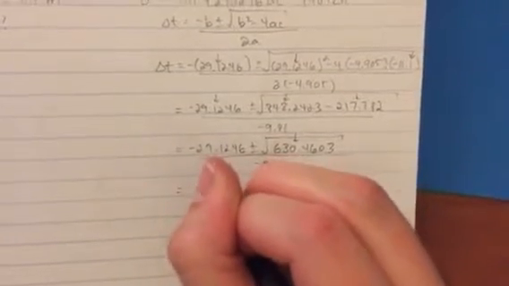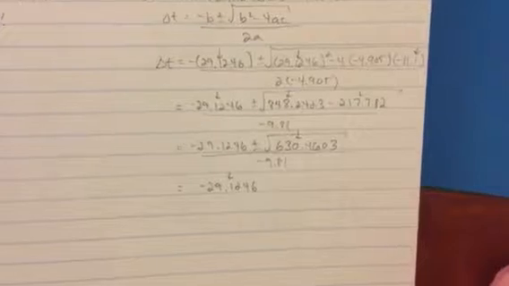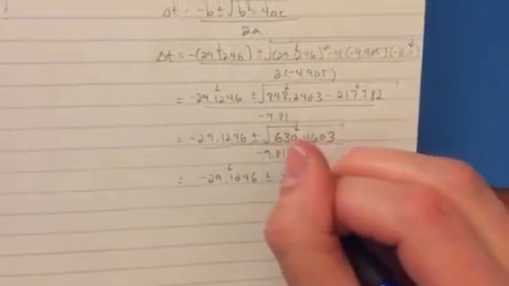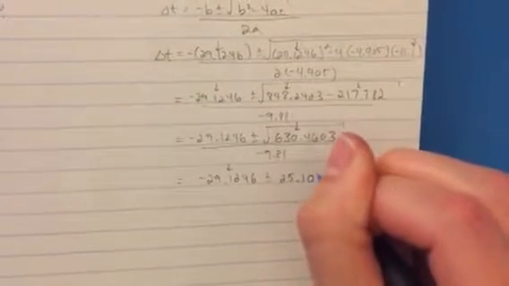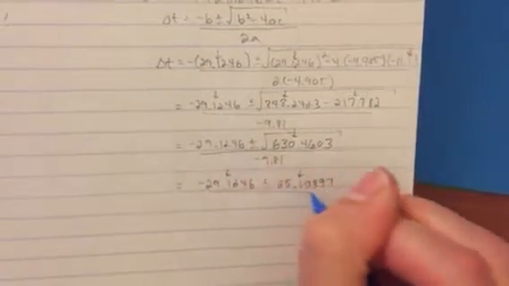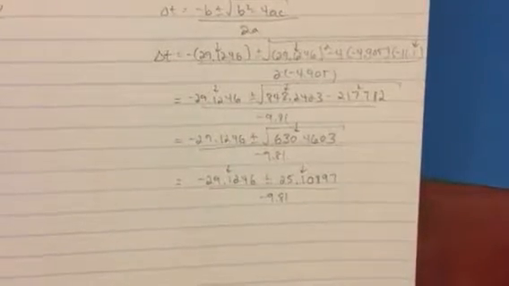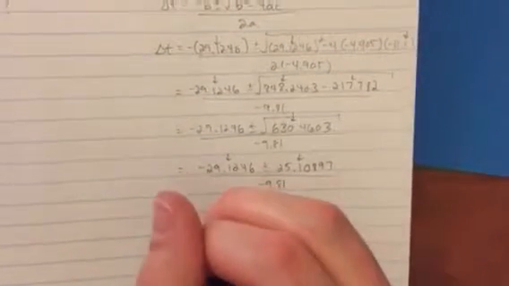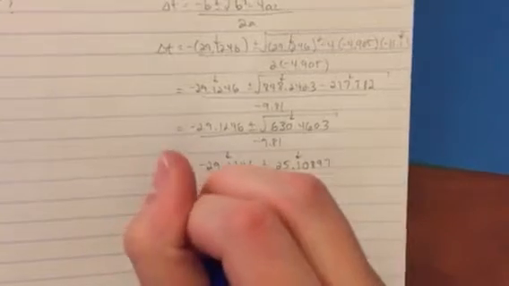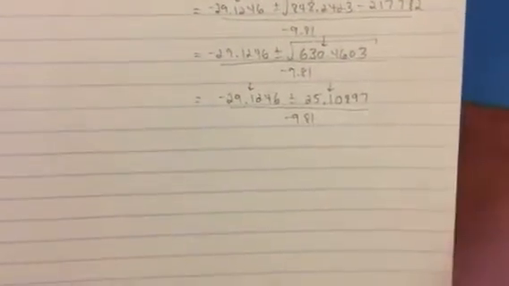So in the end, I've got negative 29.1246 with three significant figures, plus or minus 25.10897 with three significant figures, divided by negative 9.81. In this case, I definitely expect to get two different times that are perfectly valid, which means they better be positive.